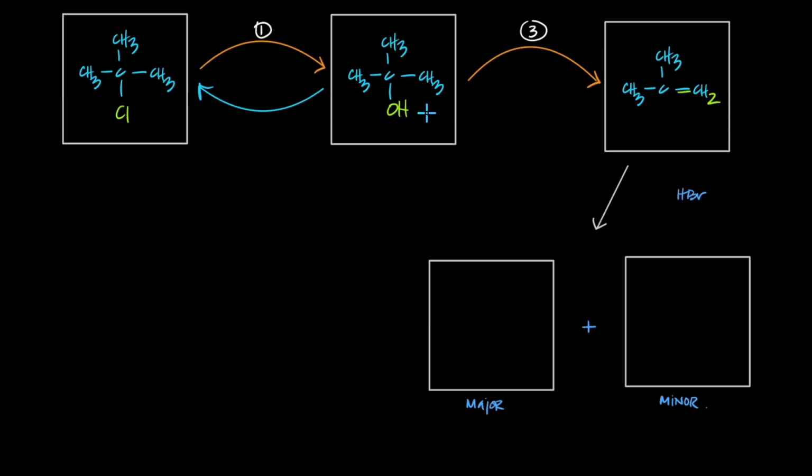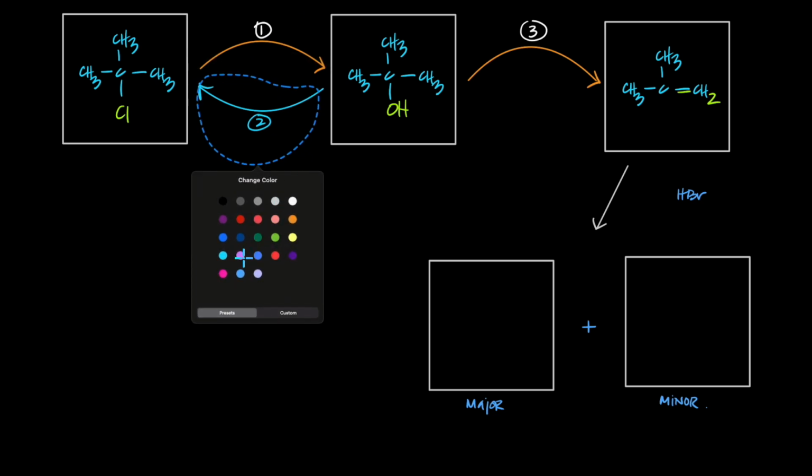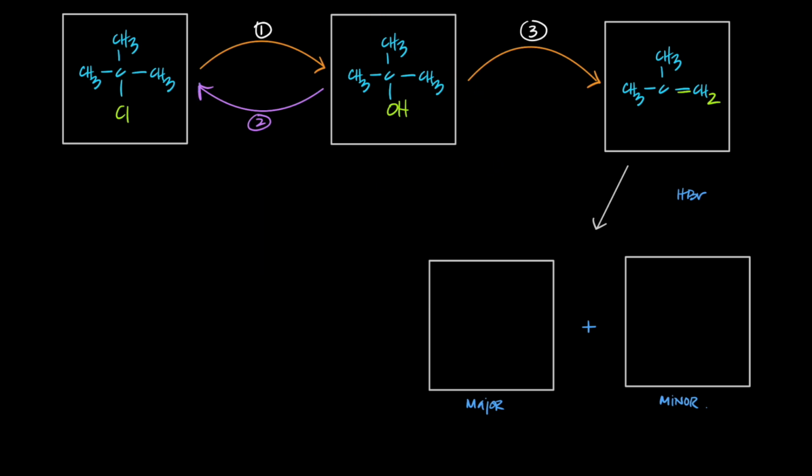That's 2. And I'll just change the color to purple because there are too many blues here. So let me do that. And then I can also tell you that this is reaction number 4.